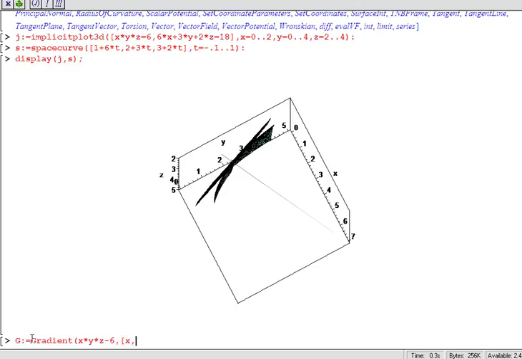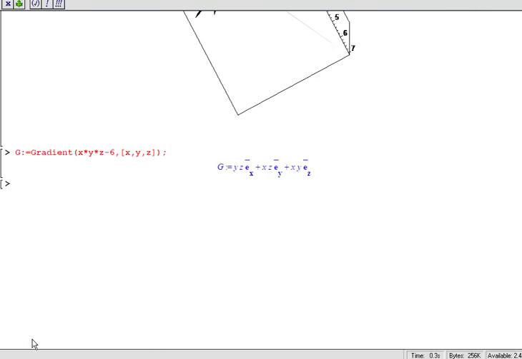So we have x, y, z, you want it with respect to x, y, and z, and you get this. Now, the ex, ey, ez are the i, j, and k. So Maple uses ex, ey, ez for i, j, and k. So this is what we got for the gradient vector.